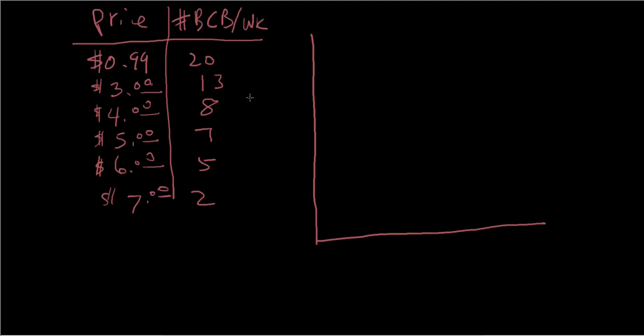One goes here, the other goes here, but it is the economist convention that price goes on the vertical axis and the quantity, the number of bacon cheeseburgers per week, goes on the horizontal axis.